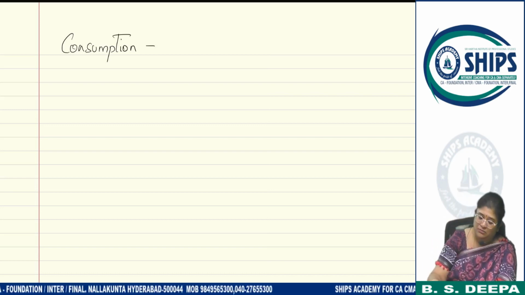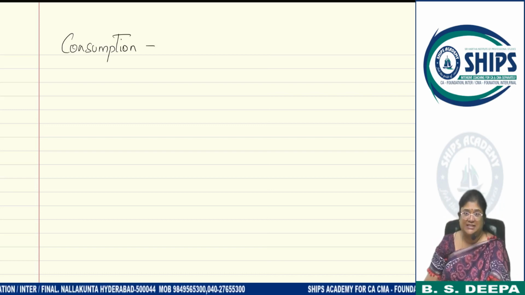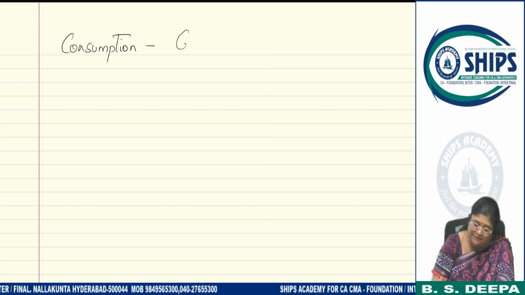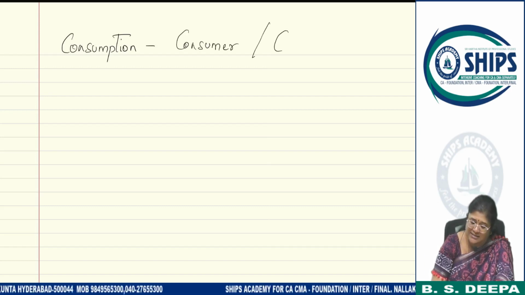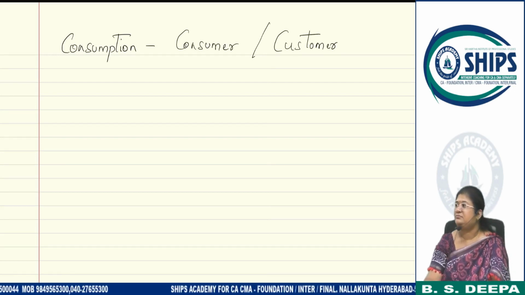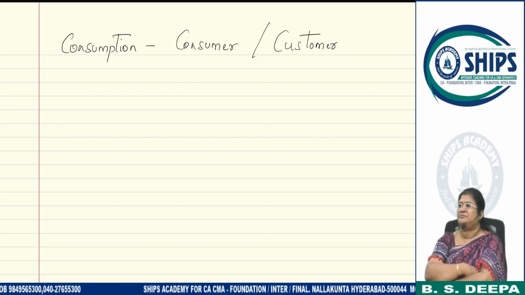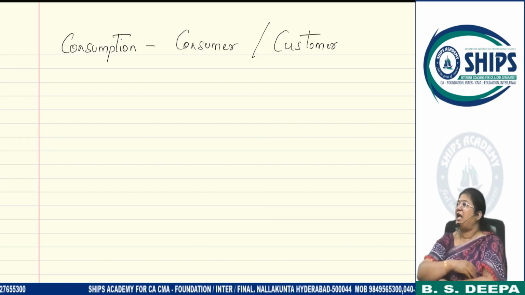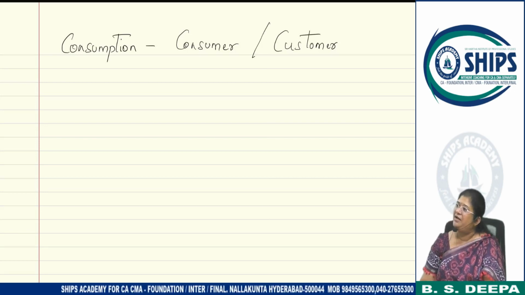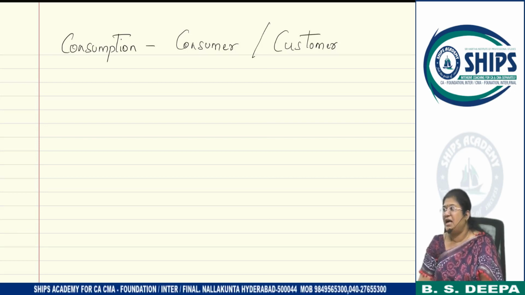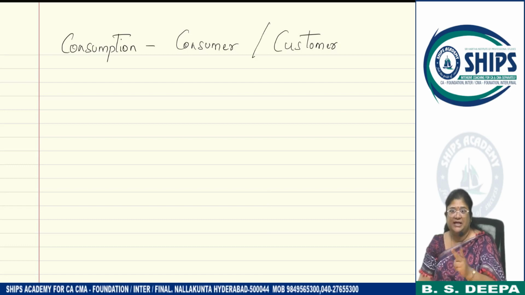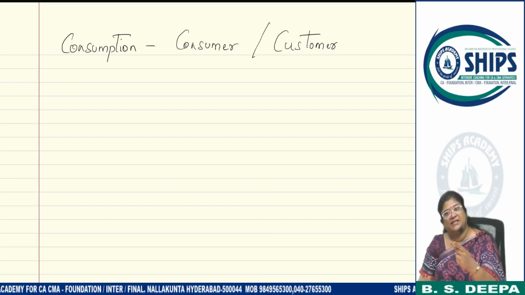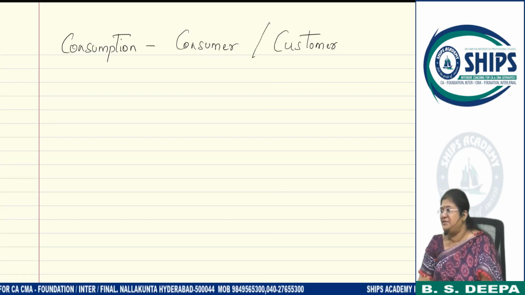Okay, now while we are talking about consumption, can you tell me the difference between a consumer and a customer? Customer and consumer can be the same or can be different. As she said, they can be the same or different.